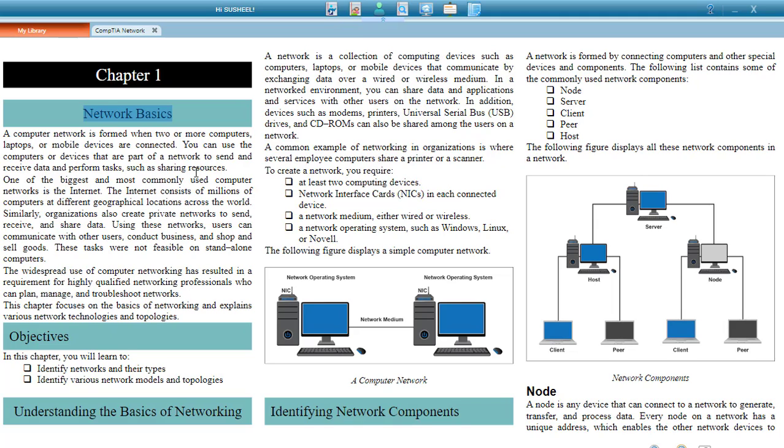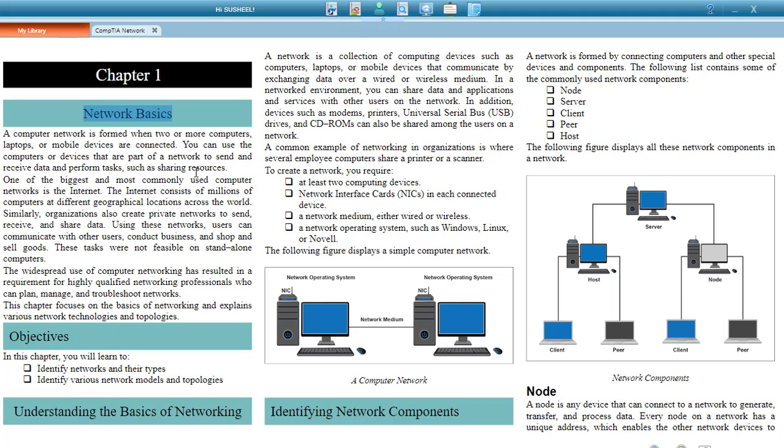A network is a collection of computing devices such as computers, laptops, or mobile devices that communicate by exchanging data over a wired or wireless medium. In a networked environment, you can share data, applications, and services with other users on the network.